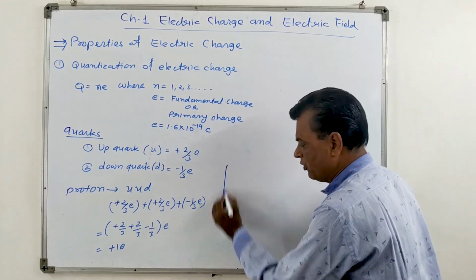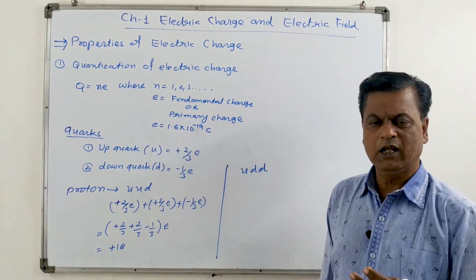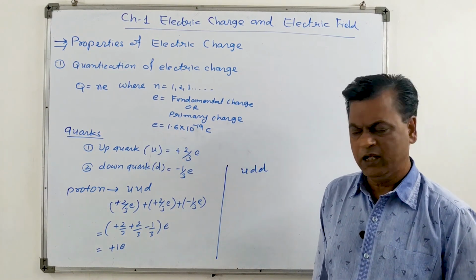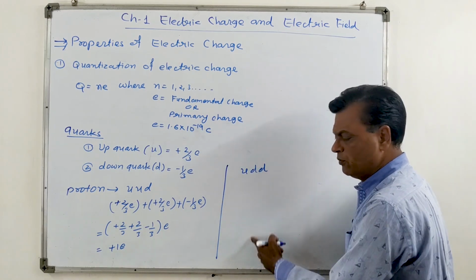Similarly, the composition of a neutron is udd. Now you know that a neutron is electrically neutral, so putting the values of u and d, it should be 0.